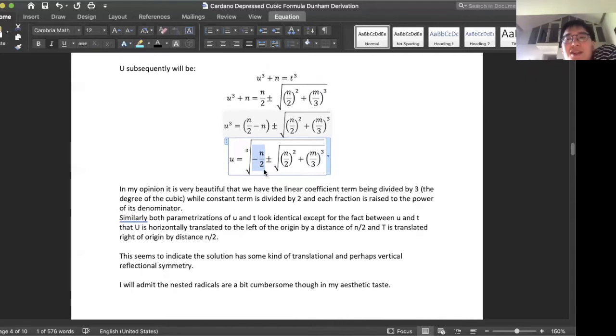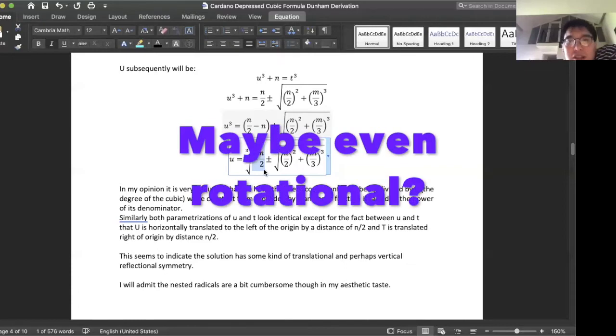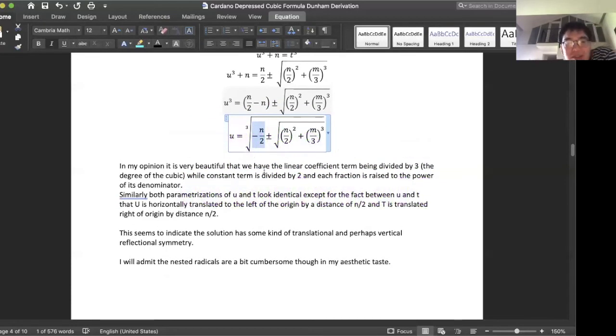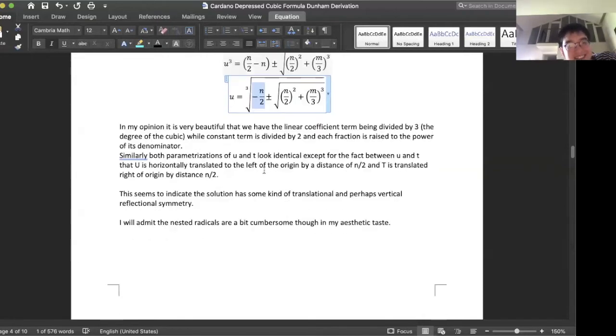And this seems to me to indicate that the solution has a kind of translational, or perhaps vertical reflectional symmetry. I will admit, though, that the nested radicals are a bit cumbersome in my aesthetic taste.